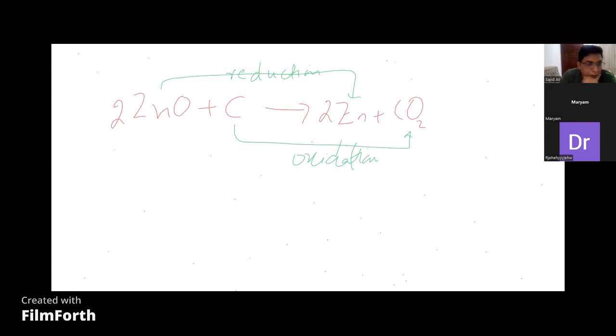Did you understand how this is a redox reaction? Zinc oxide plus carbon makes zinc plus carbon dioxide. Yes, please explain.